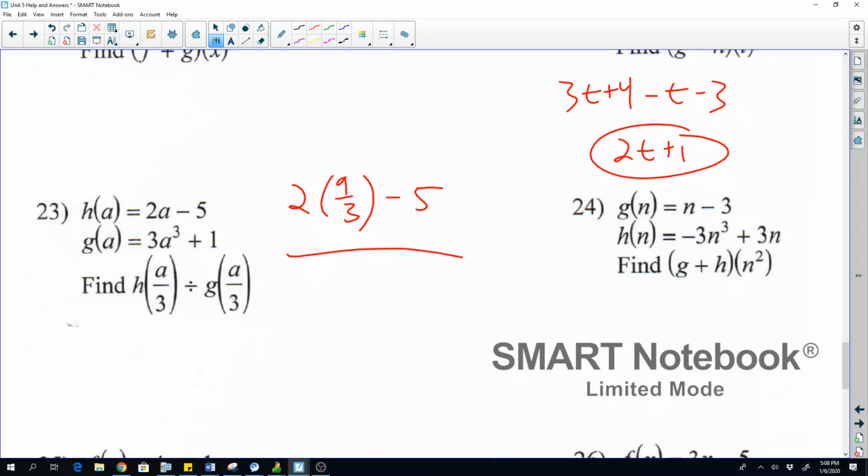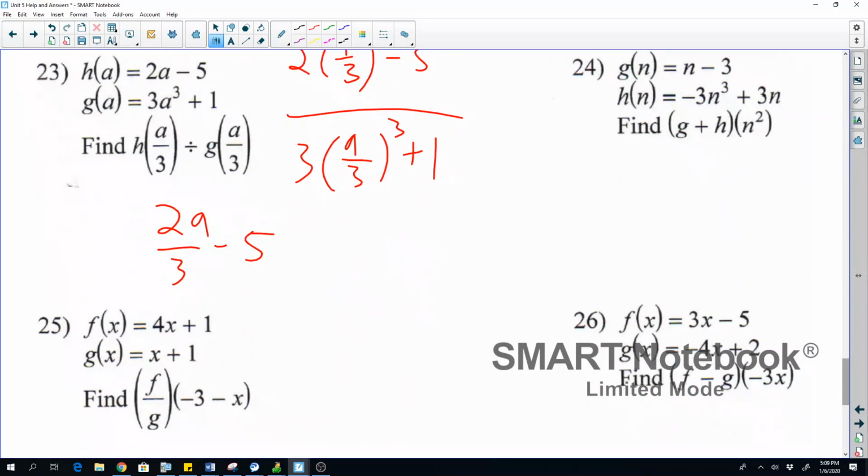And then divided by, g is a over 3, so that's going to be 3a over 3 to the 3rd power plus 1. Cool. So I don't know how much we can really reduce it there. I guess that's going to be a 2 times a over 3 minus 5.